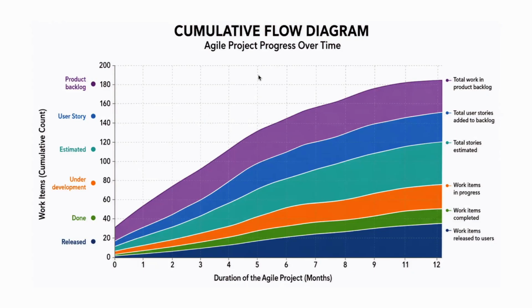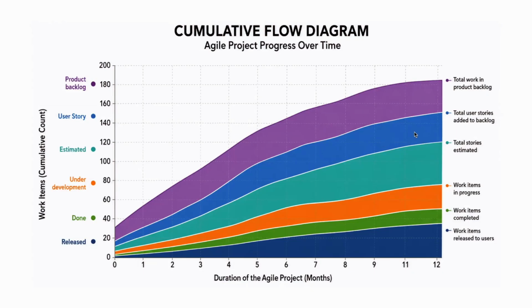So a cumulative flow chart will tell us the progression. On the y-axis, we have the work items, that is a cumulative count. And on the x-axis is the duration of the agile project in months. So the first band is the total work in product backlog. So this is just product backlog entries.